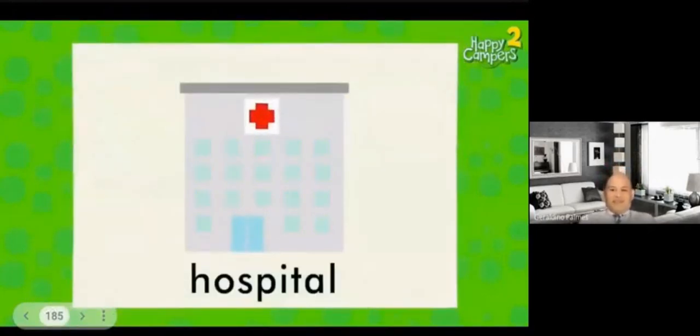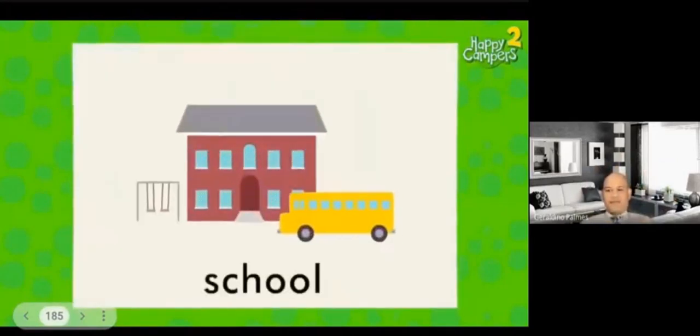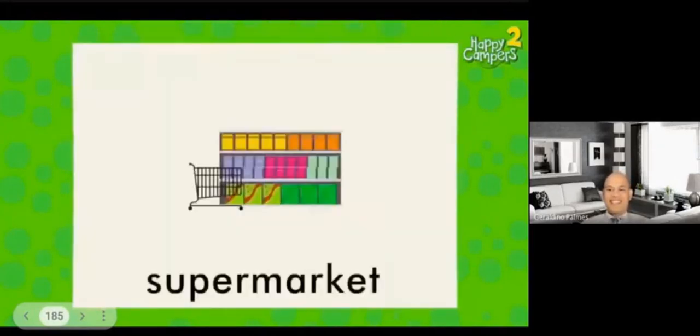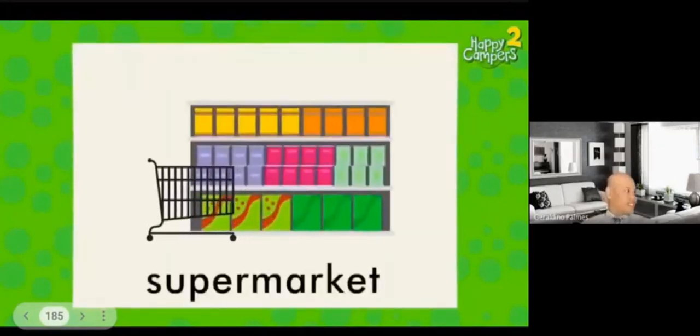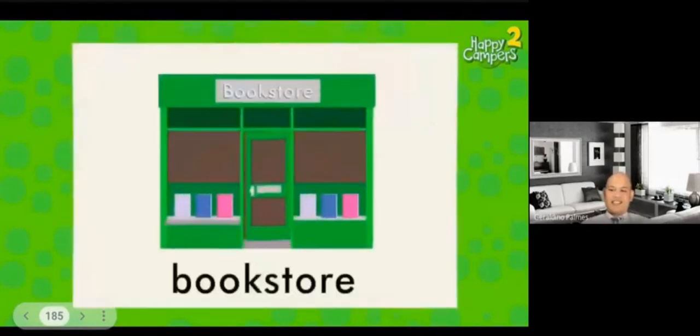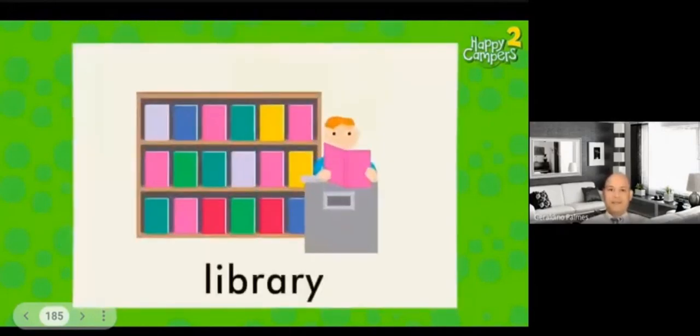Hospital. School. Park. Supermarket. Bookstore.